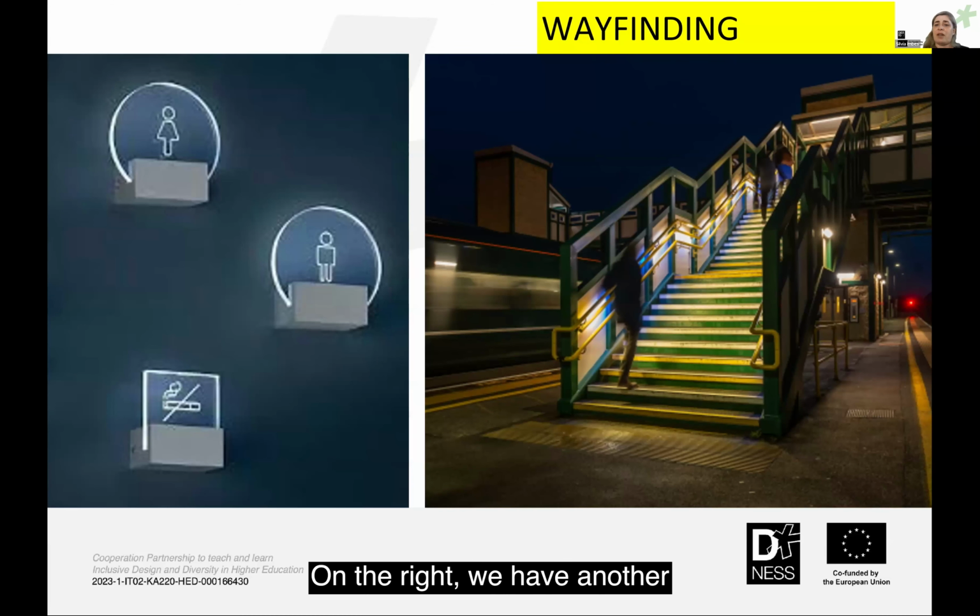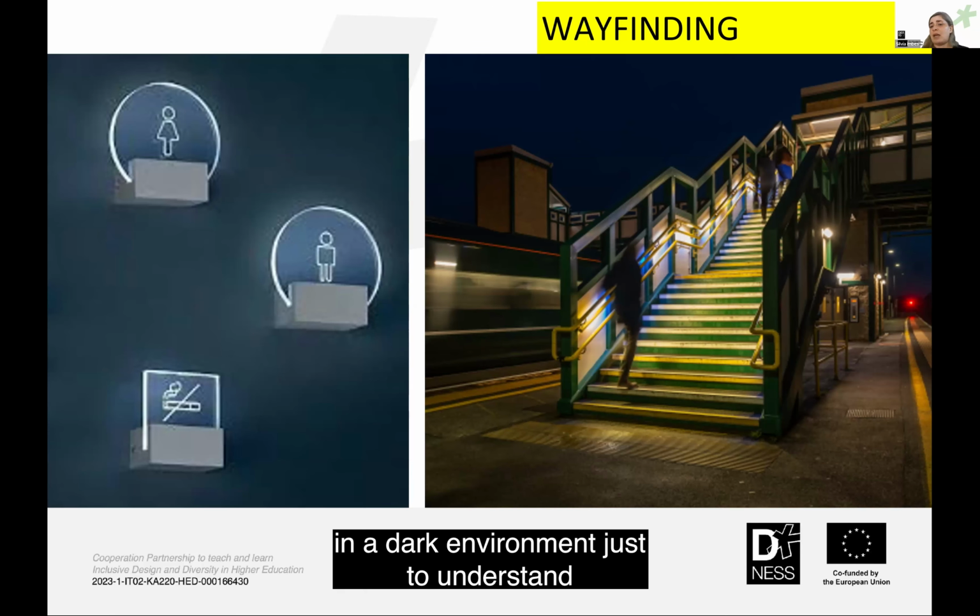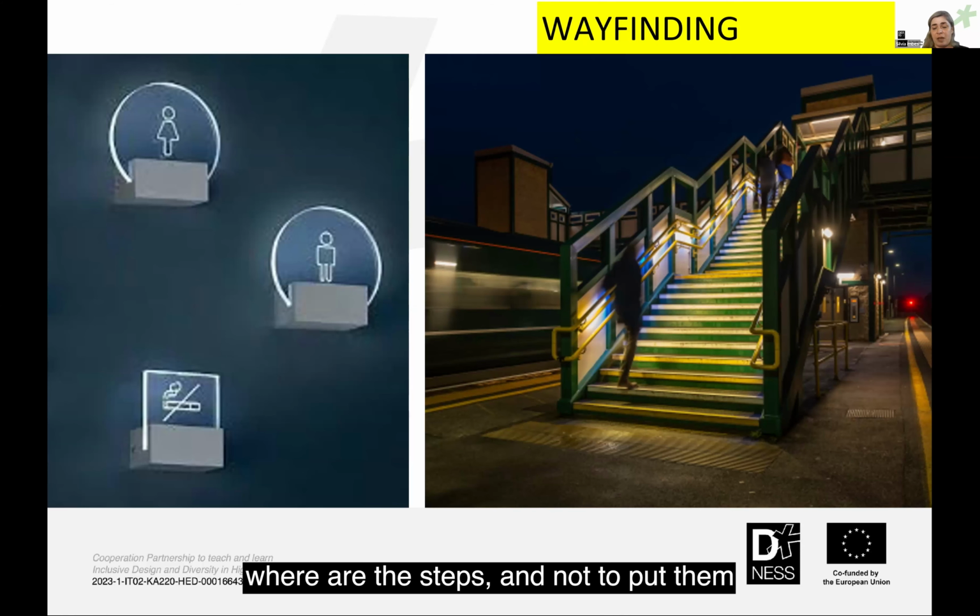On the right, we have another example of stairs. Light here is used to define what the stairs is, but it's more useful to help people that could have visual impairments in a black environment, just to understand where the steps are and not to put them in a dangerous situation.